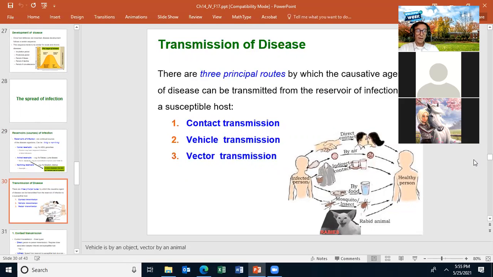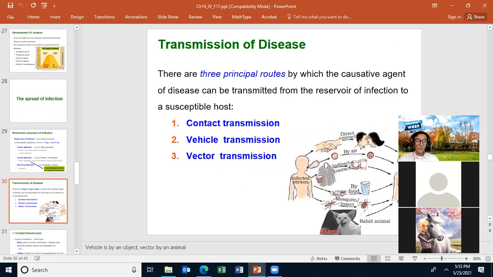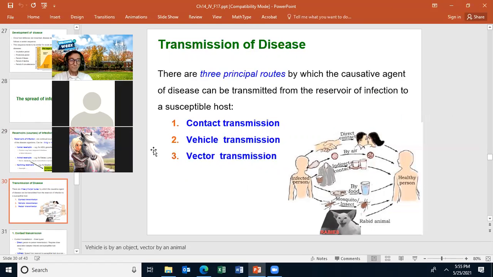There are three principal routes by which a causative agent of disease can be transmitted from the reservoir of infection to a susceptible host. Let's put that over here. There can be contact transmission, where disease is directly spread to another individual by direct contact.